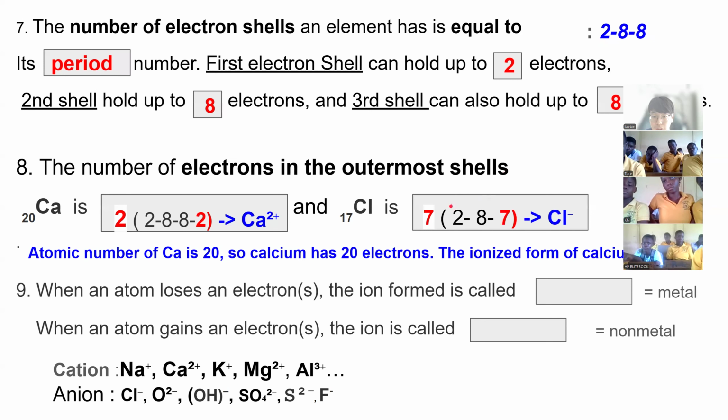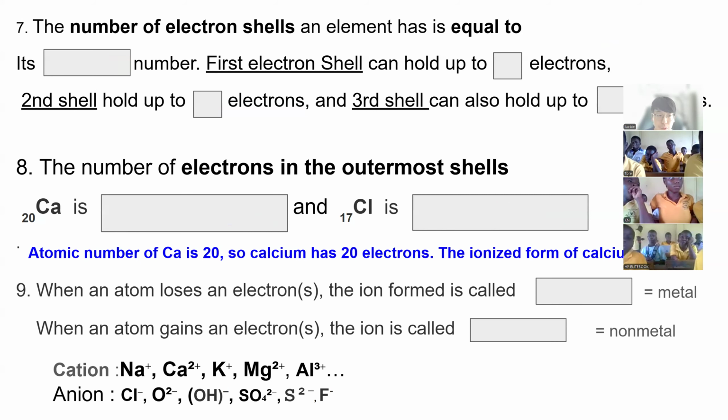We can see 17 completely fills up the first shell with 2, fills up the second shell using 8, and since we used up 10 in total out of 17, we have 7 electrons left. That does not completely fill up the third shell, and we can see that the last shell, the outermost shell, has 7 electrons.